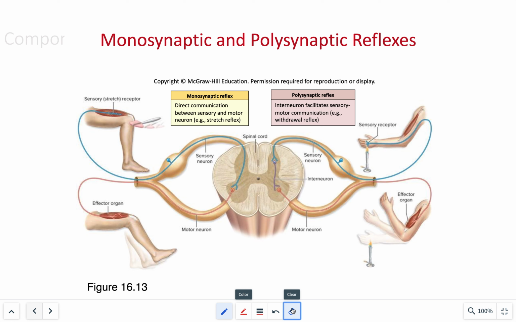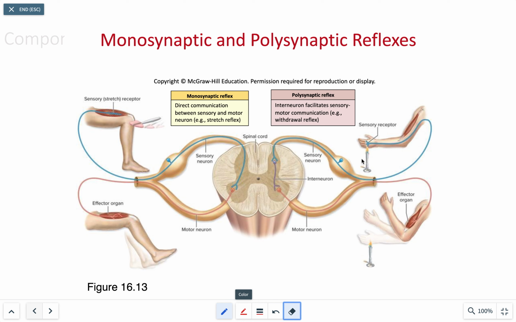When we're looking at the difference between monosynaptic and polysynaptic responses, again, this is a direct communication, so we're missing the interneuron. There's very minor synaptic delay, and this just increases the reflex response or the effector organ, in this case, kicking the leg out. The polysynaptic is a little bit more complex.